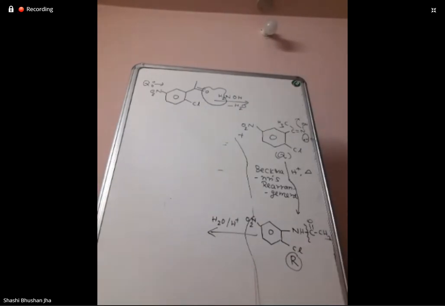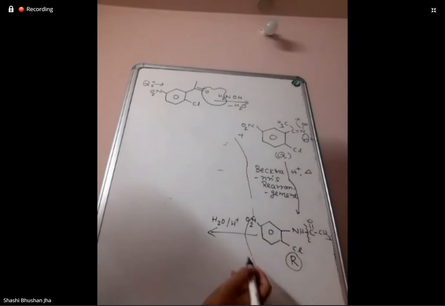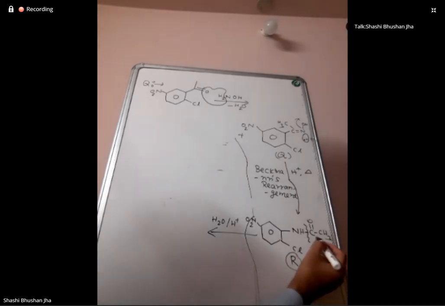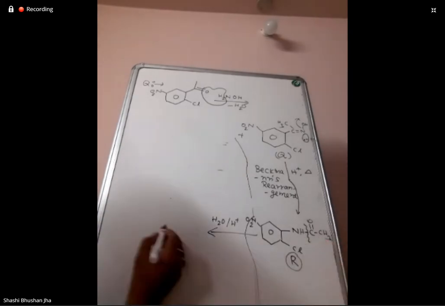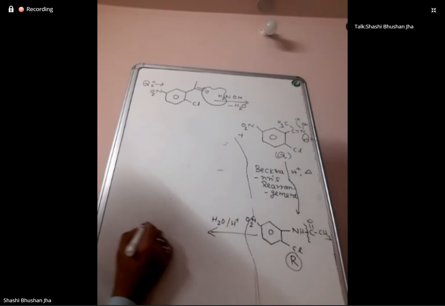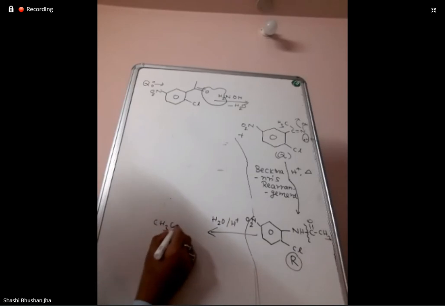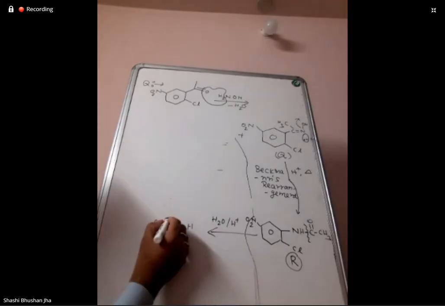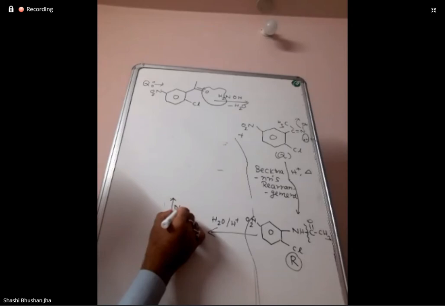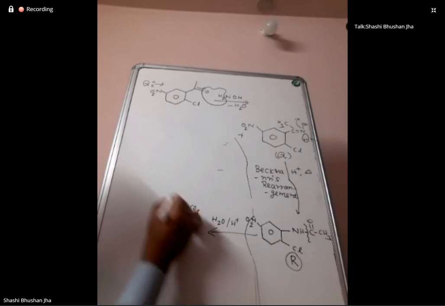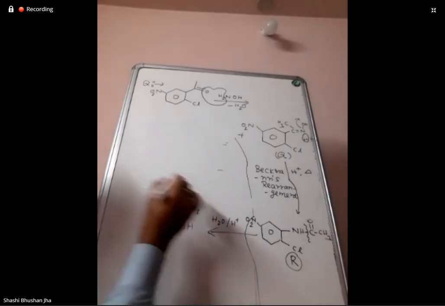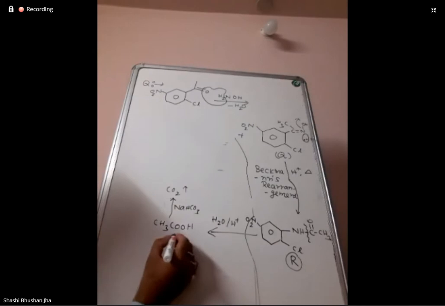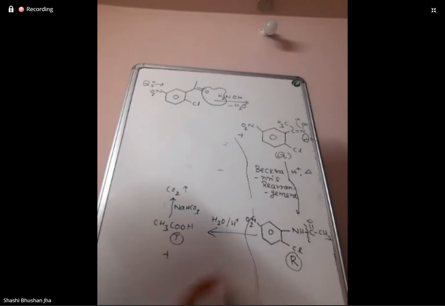Now if you break this bond, then CH3C double bond O will come out as CH3COOH. When it is reacted with sodium bicarbonate, you will get carbon dioxide gas. So this product is T, and the other product of hydrolysis will be the corresponding amine.